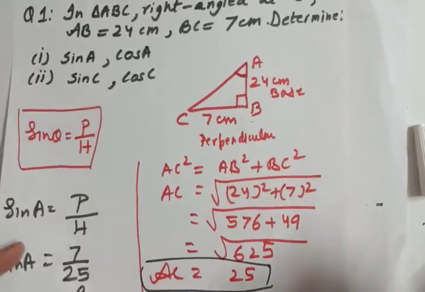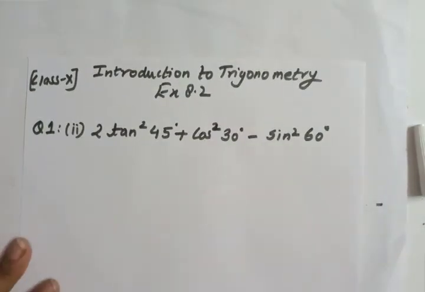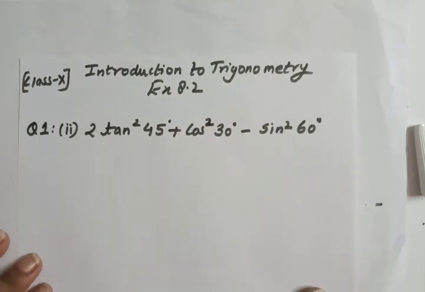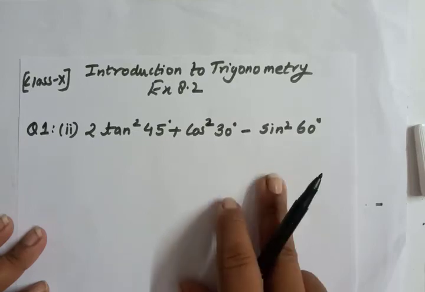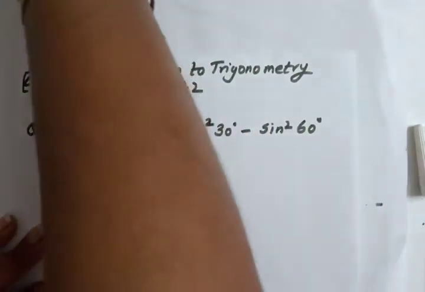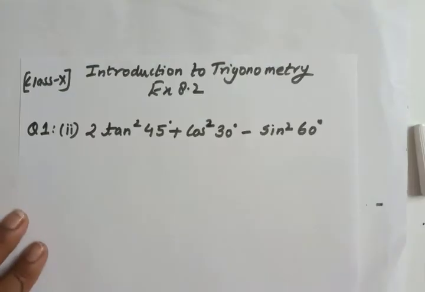Now come to question number 2 that I have taken from exercise 8.2. This is regarding the standard angles, that table we have already found out. Because we have made our two concepts clear, I have taken two examples regarding both the cases.